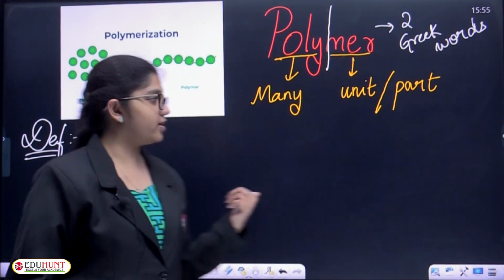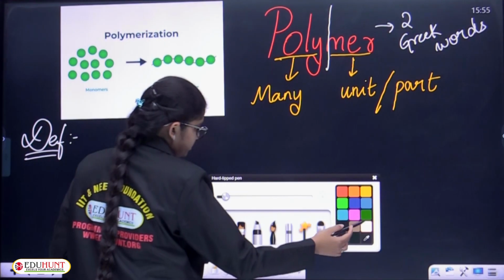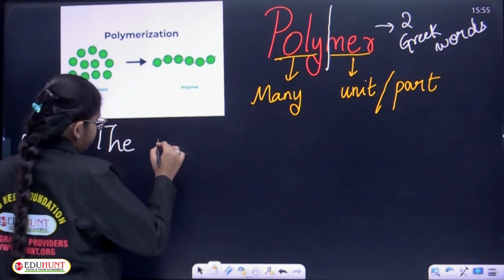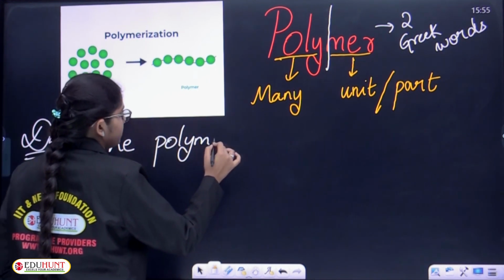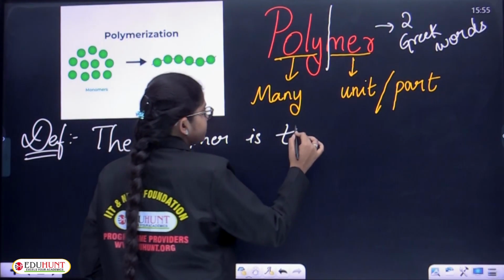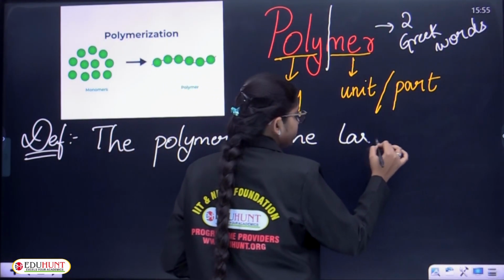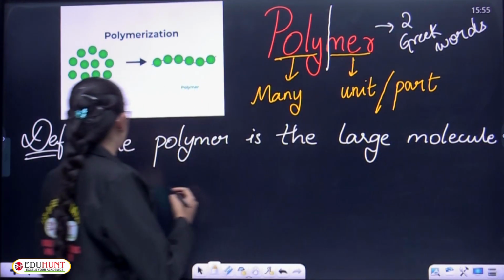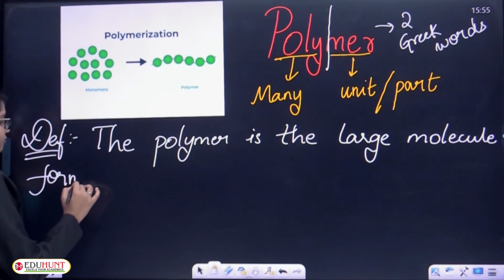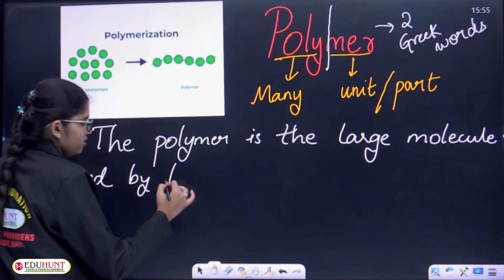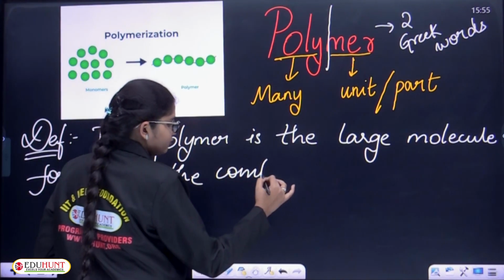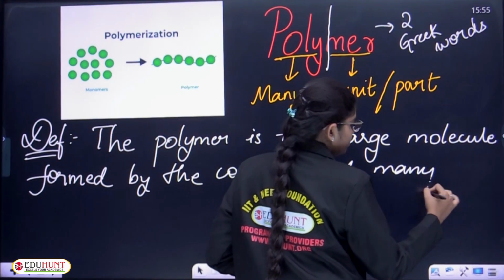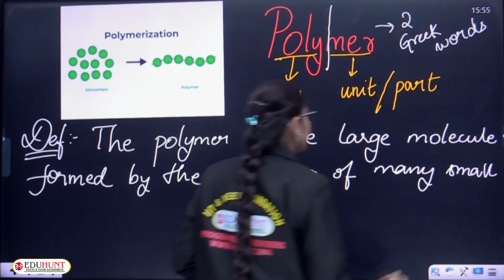Here write the definition: a polymer is a large molecule formed by the combining of many small molecules.